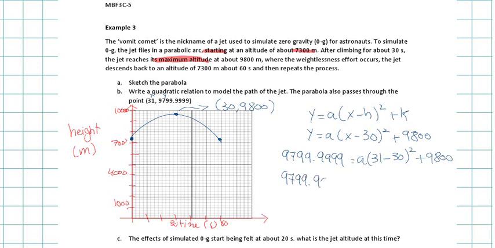So now I'm going to simplify. Collect brackets, 31 minus 30, that's 1, and 1 squared is still 1. So basically that's 9,799.9999 equals a plus 9,800. Now what do I do to solve for a?